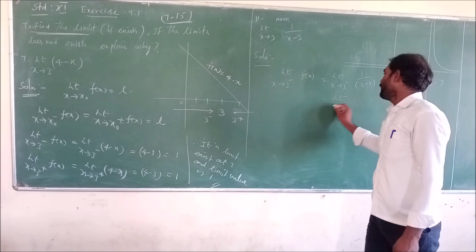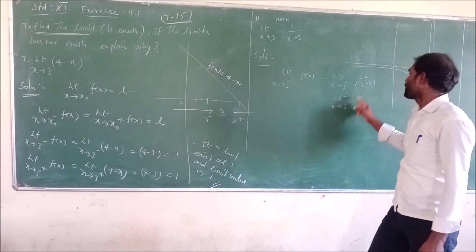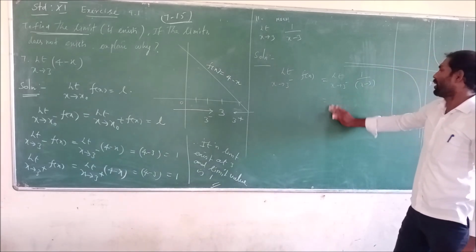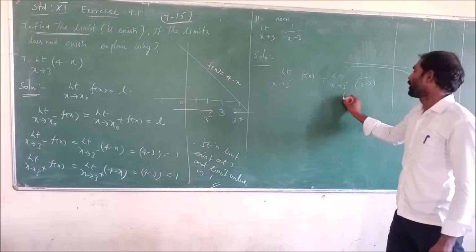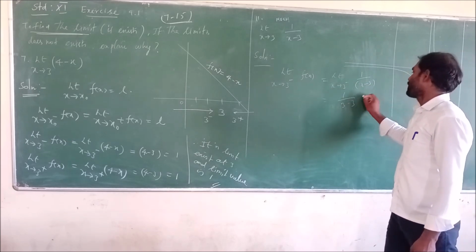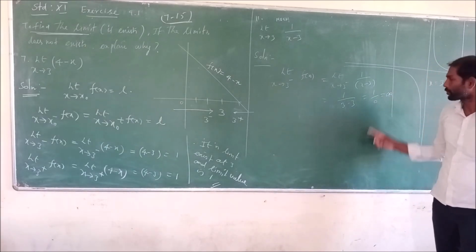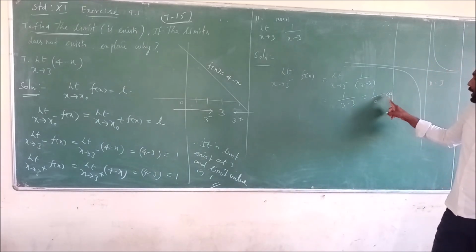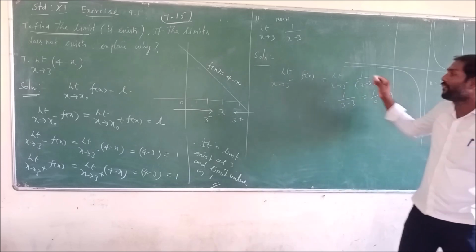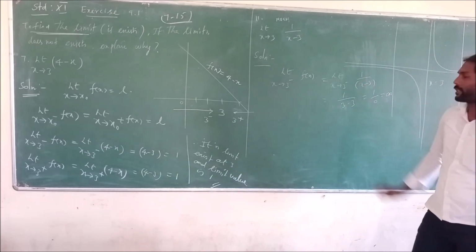Therefore, replacing x by 3, 1 by 3 minus 3 equals 1 by 0 equals infinity. It means that the left hand limit does not exist.